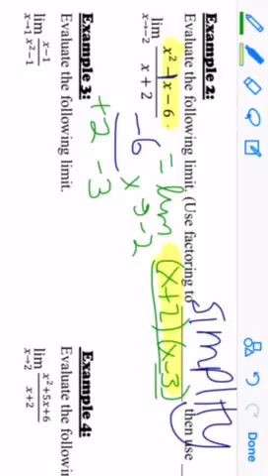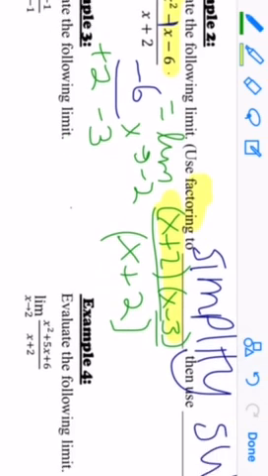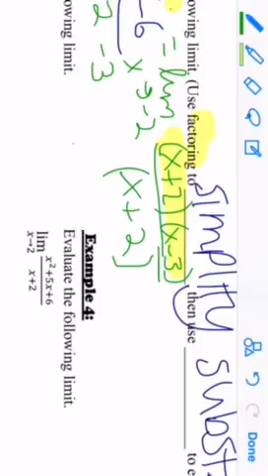It's just another way to write it by factoring. Okay? So the denominator doesn't change. It's still x plus 2. We're going to group it up so they look the same. Okay? And then we're going to keep simplifying because these 2 factors cancel.